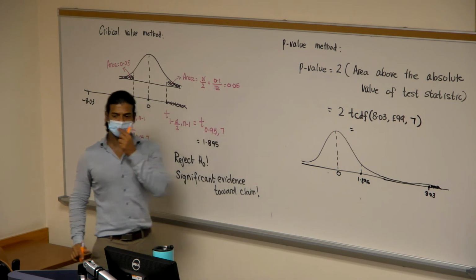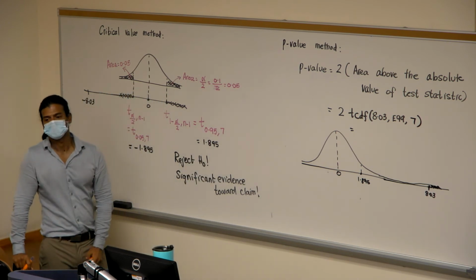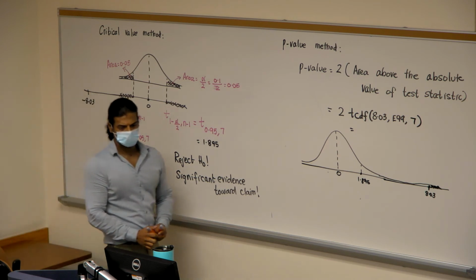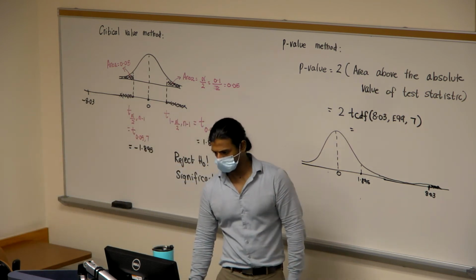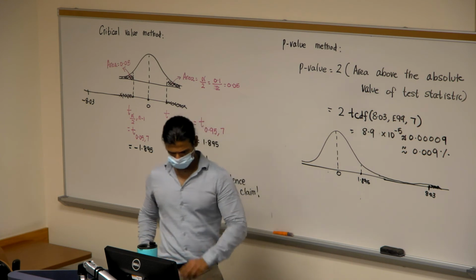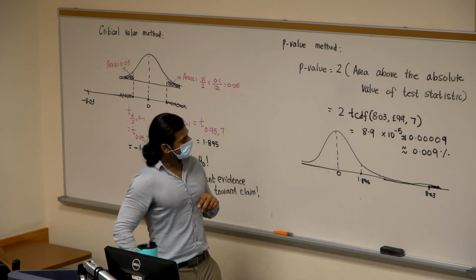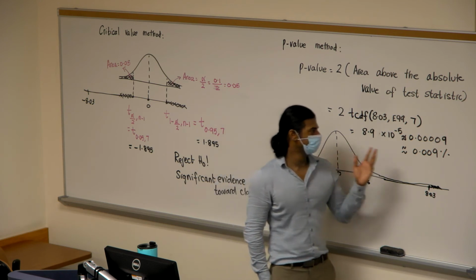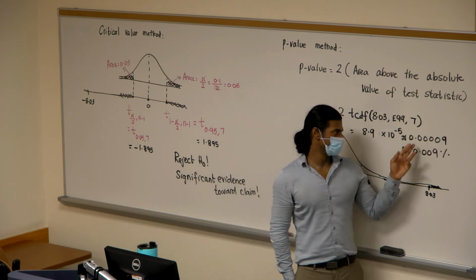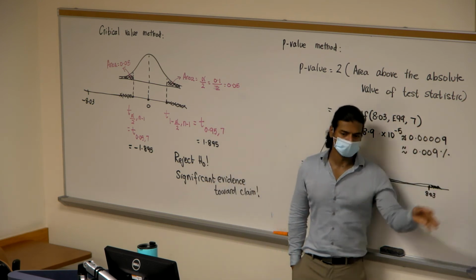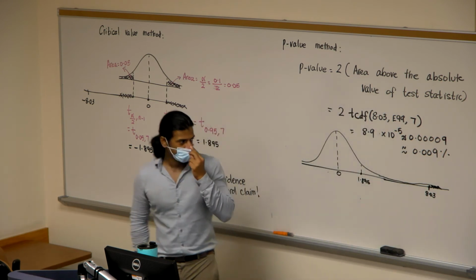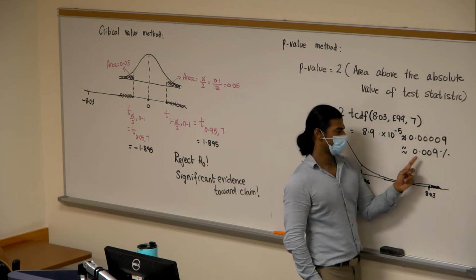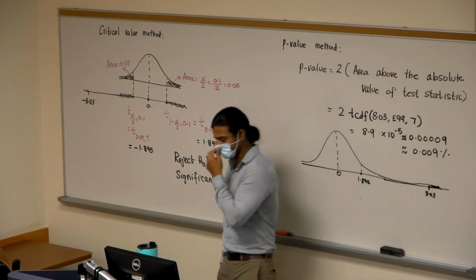Don't forget to multiply by 2. So the p-value is 8.9 times 10 raised to negative 5, which is 0.00009 approximately. And it's the same in percent, 0.009%.